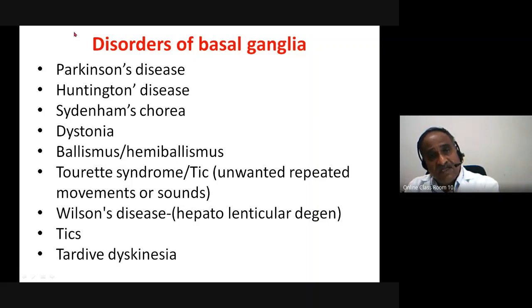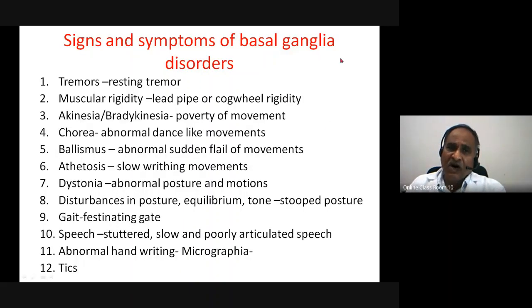Now, these are the disorders, and all these disorders have one or the other type of manifestations, which I have listed here. So now I have listed nearly 12 signs and symptoms of basal ganglia disorders. These are the manifestations, I mean how patients with basal ganglia disorders present to the doctor.